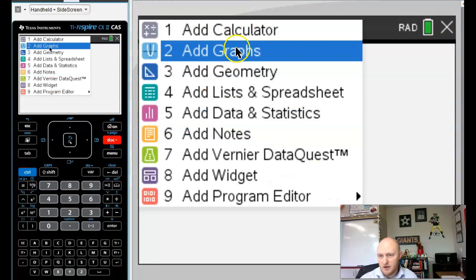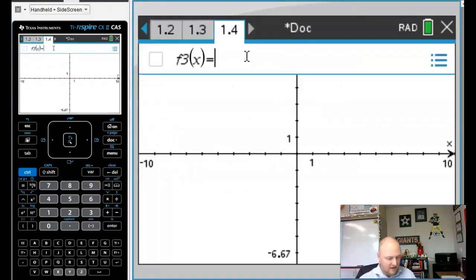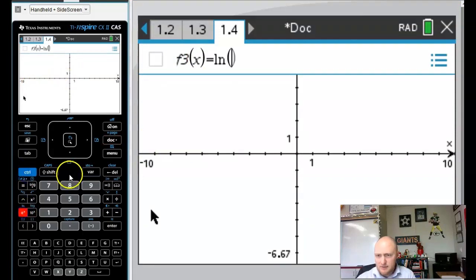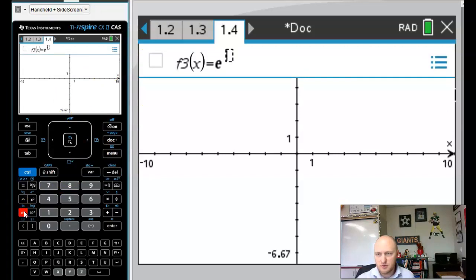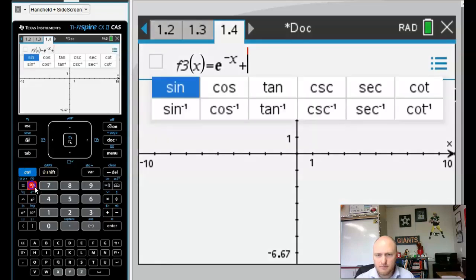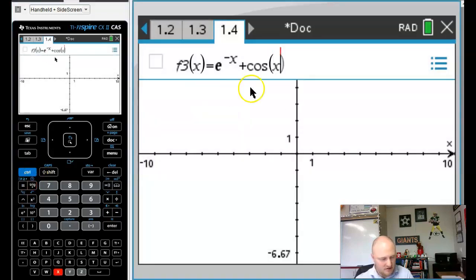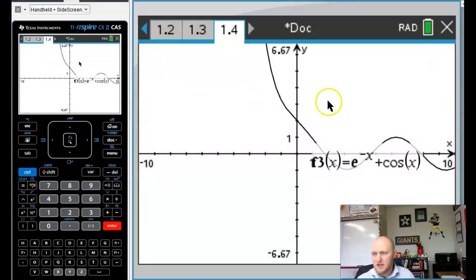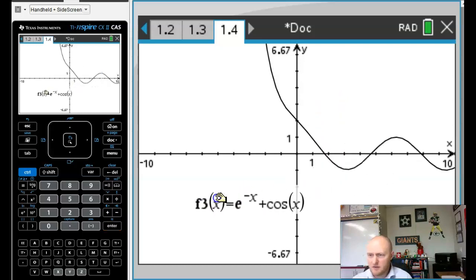We'll go ahead, open up a new graph, and we'll graph our function e. I keep hitting second function. I just want the original. E to the power of -x plus cosine of x. Okay, and here is our function.